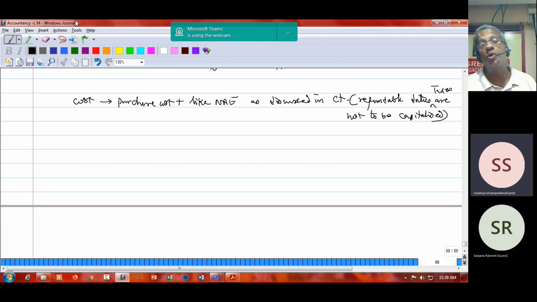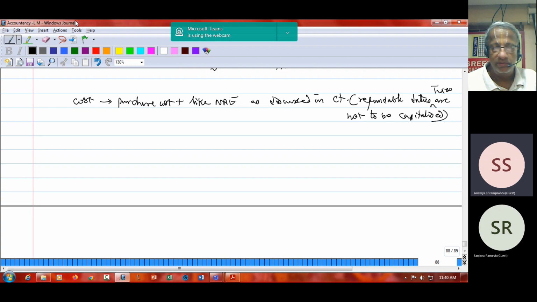Correct. Are you understanding? This 18 rupees getting adjusted is what you call refund of tax. In some cases, they say you cannot adjust. That is non-refundable. If it is non-refundable, then your capital cost should include the 18. If 18 can be deducted from whatever sum you are going to pay, then you are seeking a refund. Therefore, a sum for which you are seeking a refund can never be taken for capitalization. If you are deducting this, don't add. If you cannot deduct this, add. That is what it all means. Are you understanding? Yes or no? Yes. Purchase cost plus non-recurring expenditure as discussed in consignment, within brackets, refundable duties and taxes are not to be capitalized.